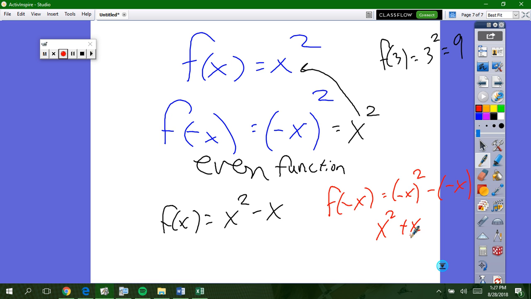What would be the exact opposite of our function? Negative x squared plus x. To be its direct opposite, which would make it odd, I'd have to negate the whole function, meaning every sign changes. Did that happen? So is this even? No. Is this odd? No. This is what we would call neither. This would be a neither function.